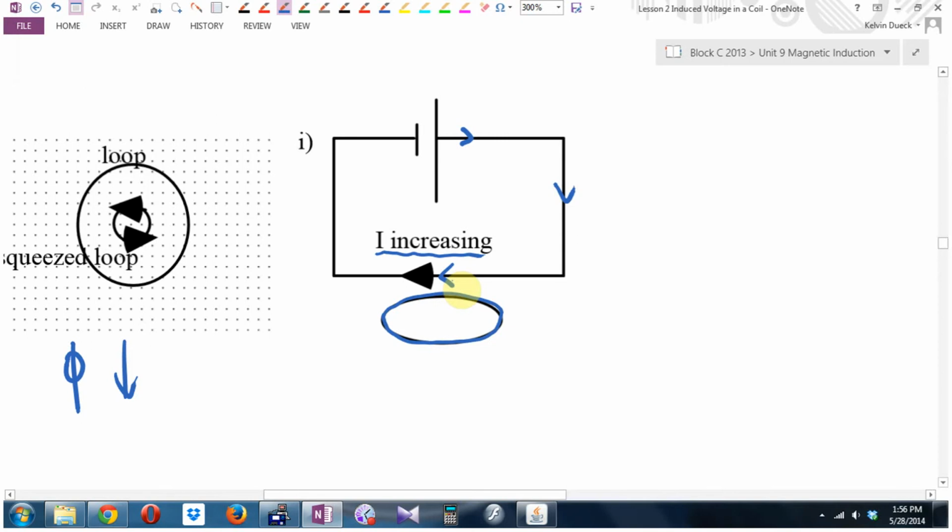Point your thumbs to the right in the direction of the current. Now, we don't want to know what's happening to the wire. We want to know what's happening to the coil. So we want to know what magnetic field this wire is creating. Curl your fingers. That's the direction of the magnetic field. Right here, I have a magnetic field coming out of the page.